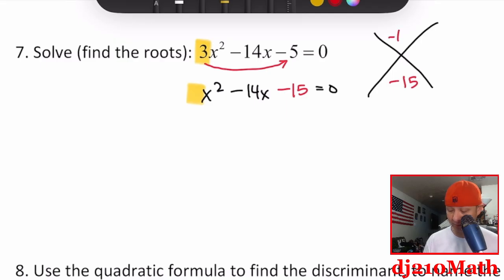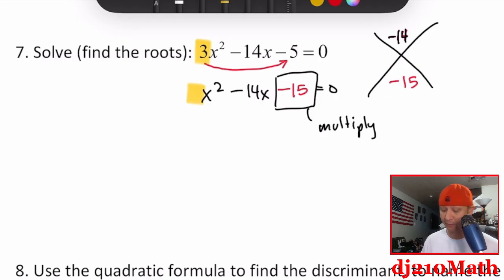That's like my opinion on that. What matters is that we need to come up, i.e. you need to come up with 2 numbers that when you multiply, they make this number, C, the C value.